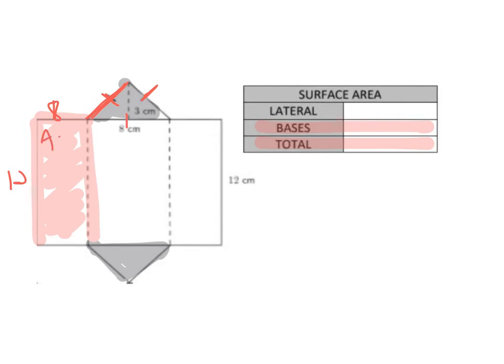So A equals base and height. So A equals 12 and 8. And what's 12 times 8? 96. So that's 96. But does that mean that this one's 96 too? No? So what is this? What would be that?